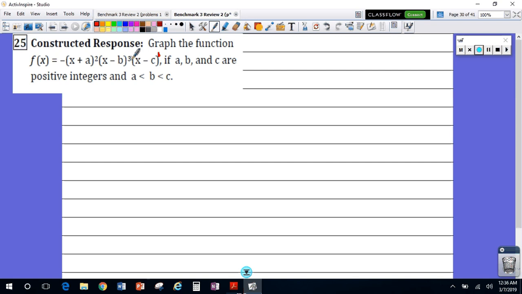So 2 plus 3, 5, 5 plus 1, 6. So the leading coefficient is negative and we have even exponent. Leading coefficient is negative and even exponent. So both ends will go down. Okay. Now ask me to draw the graph for this one, right? Okay.